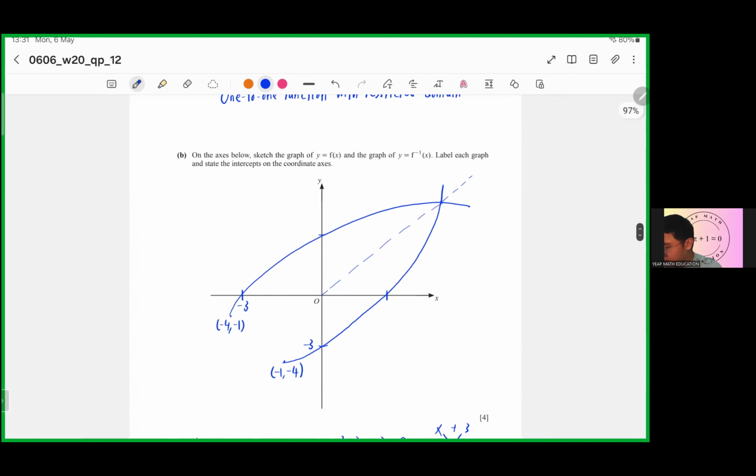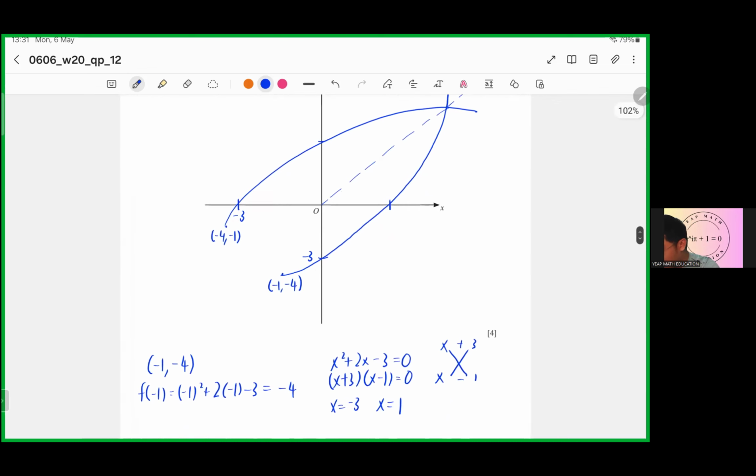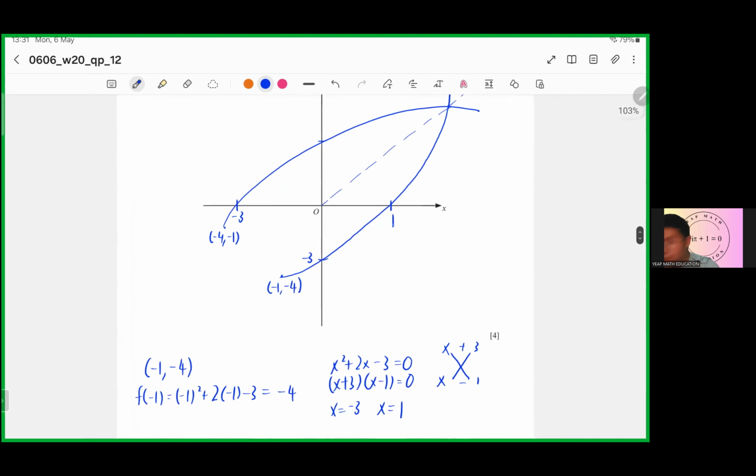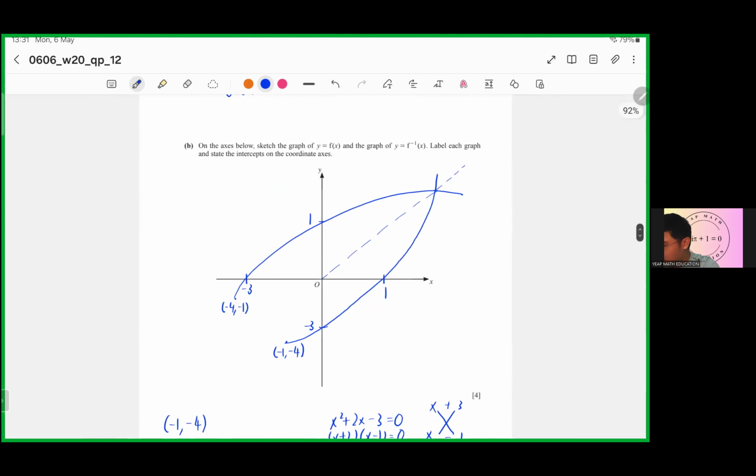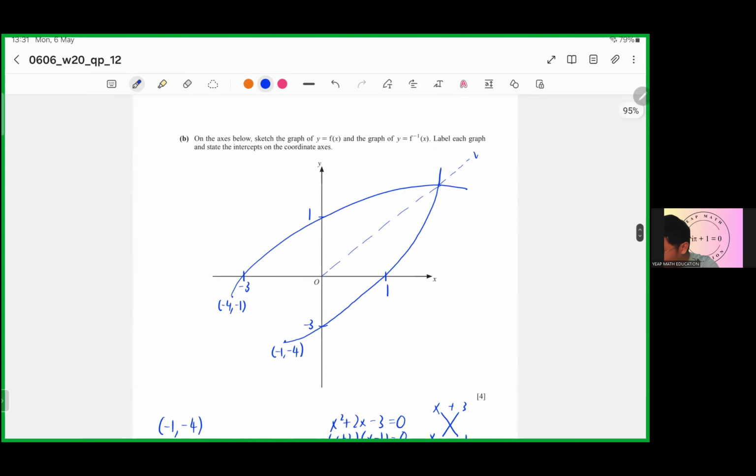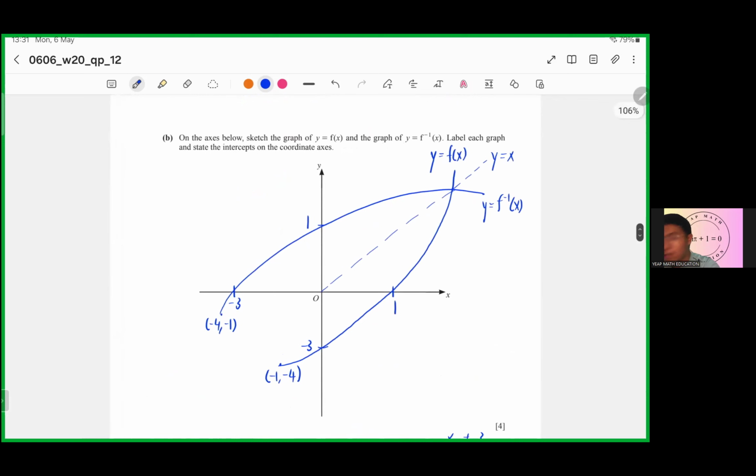So which is here 1, and then here also we've got 1. But please don't forget to label. So y equals f(x), and then here is the inverse, because the direction will show like that, so it will be in the second.